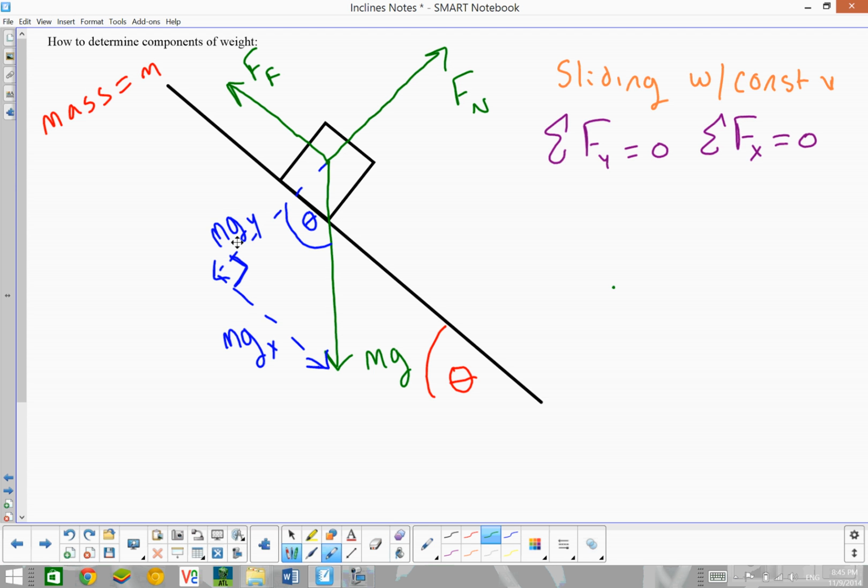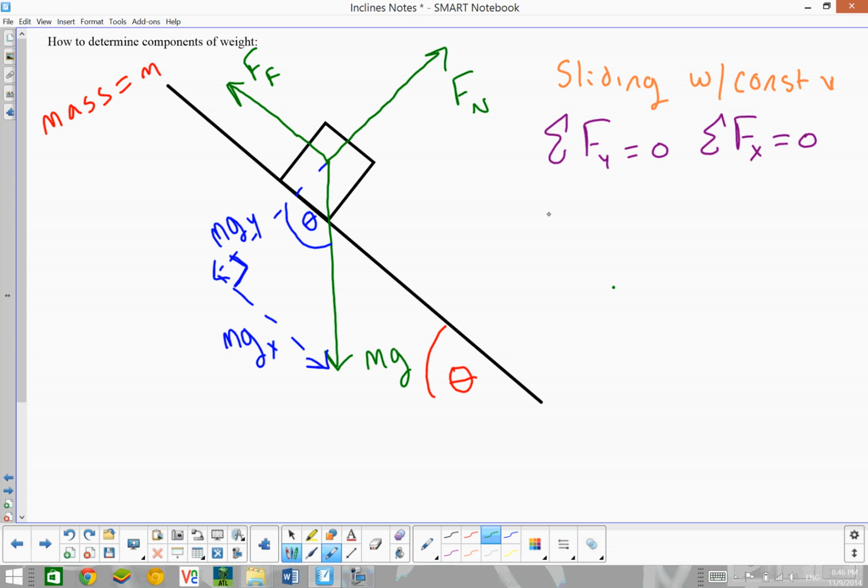And I want to say, well, what is mgy going to equal in terms of mg? Well, I see here that mg is my hypotenuse. It's the one that's opposite of the 90-degree angle. And I say that mgy is my leg that's adjacent to my angle theta. Now, if you remember SOHCAHTOA, I'll remember that I need to use cosine because cosine is adjacent over hypotenuse.